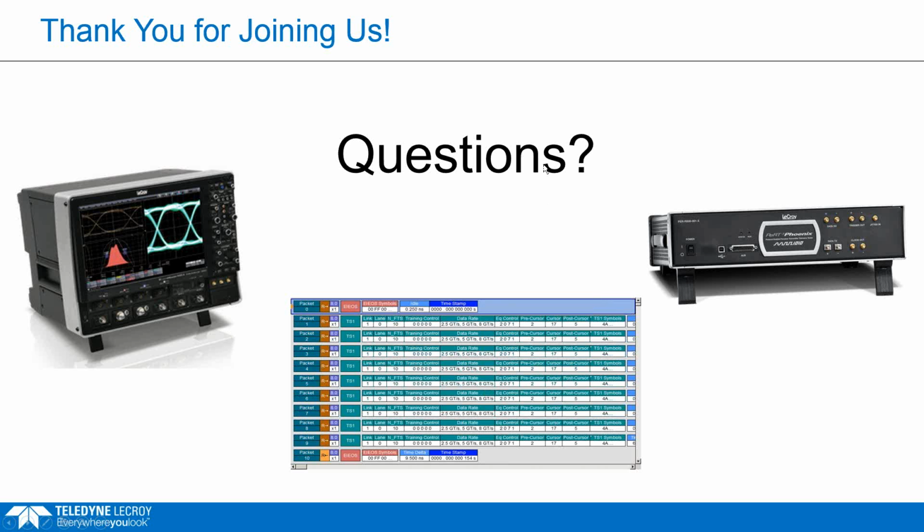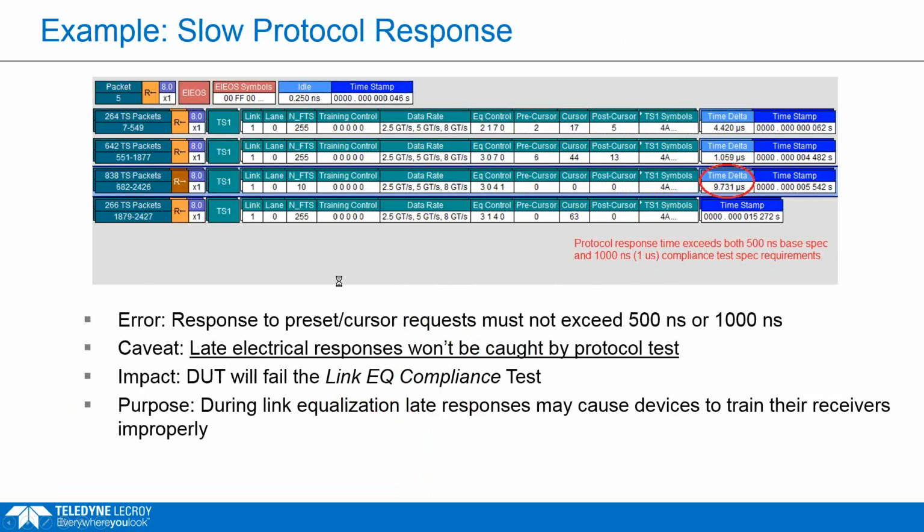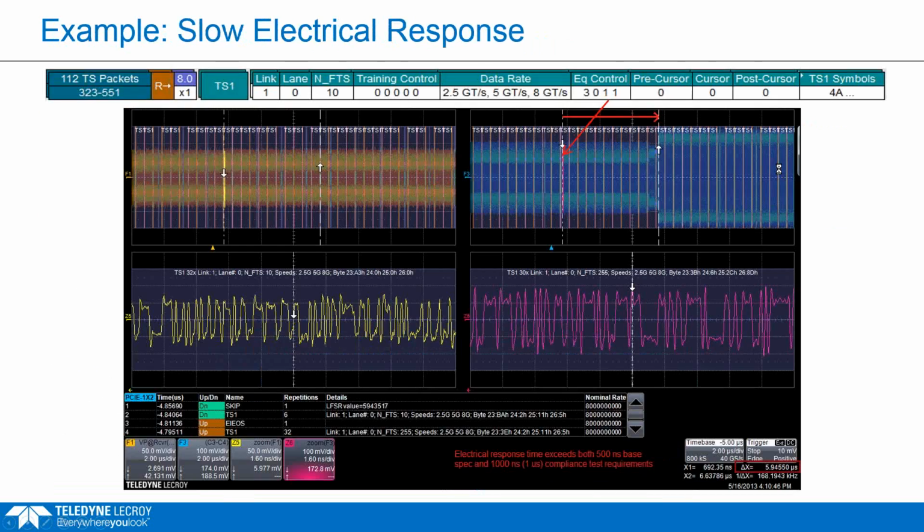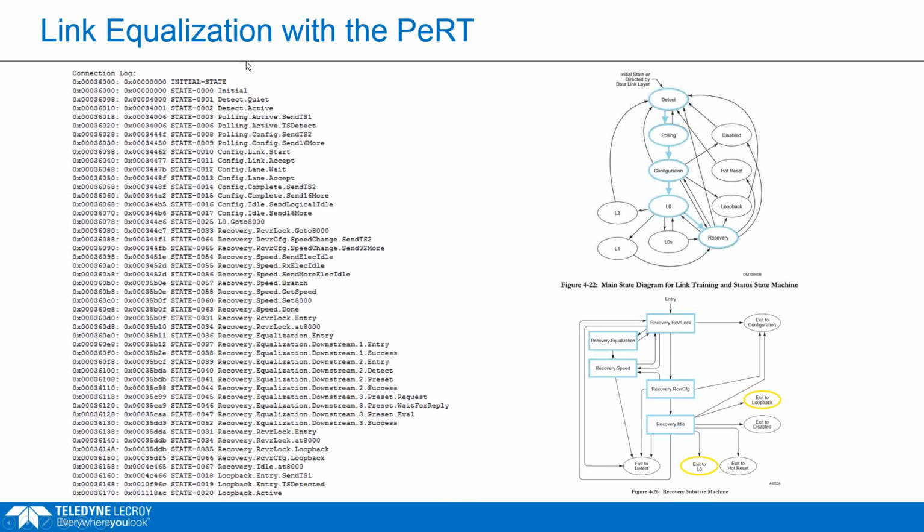The second question: how to detect the cause if the device is getting locked in a particular state? Good question. This is really the way to do it. This is the whole connection log.